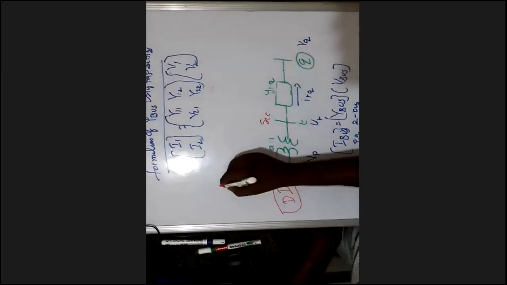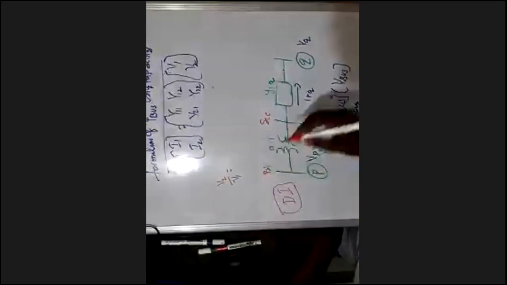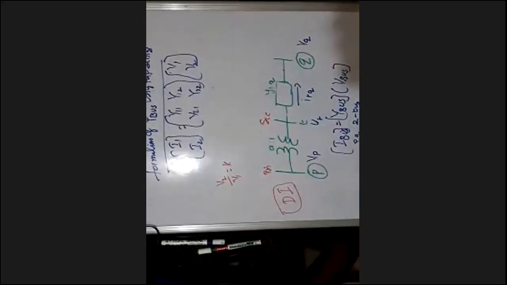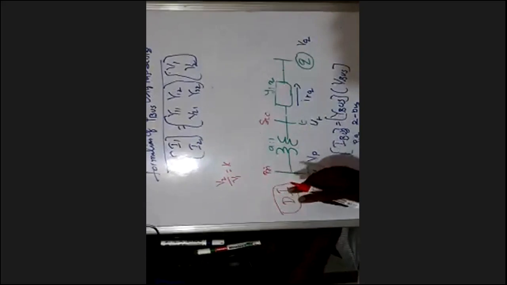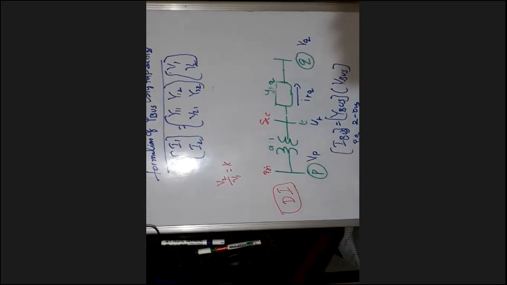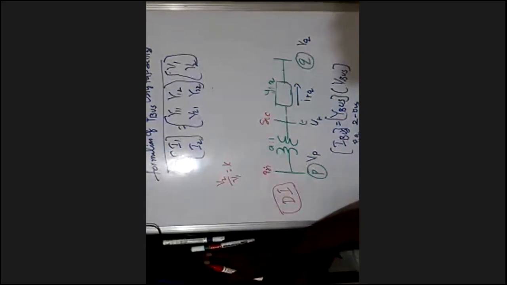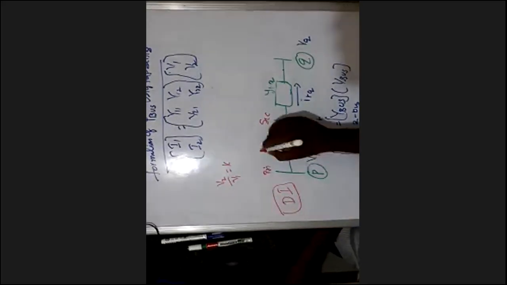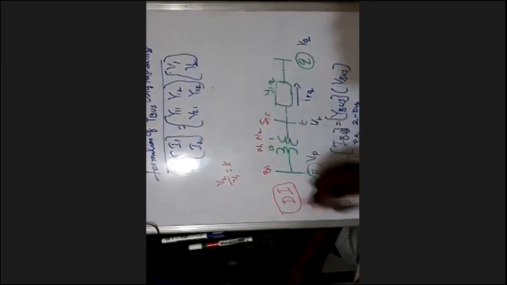Therefore V2 by V1 is equal to K. So what we know that V2 by V1 is equal to K, secondary voltage by primary voltage. Can I write? Because this is N1, this is N2.